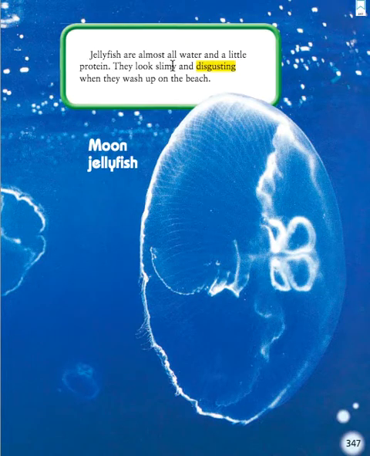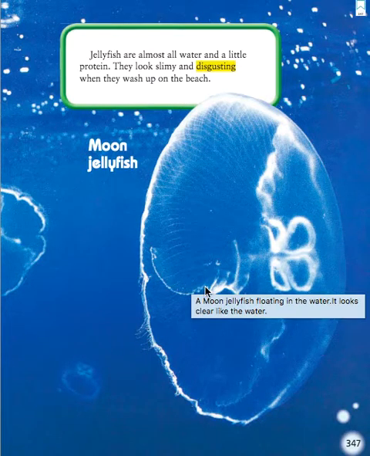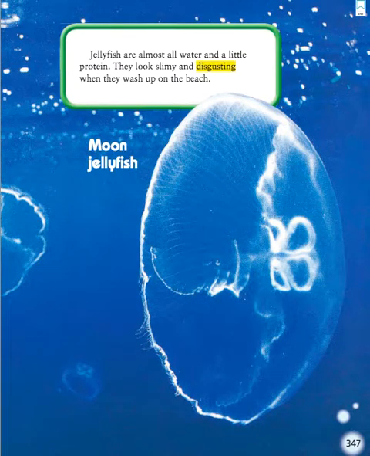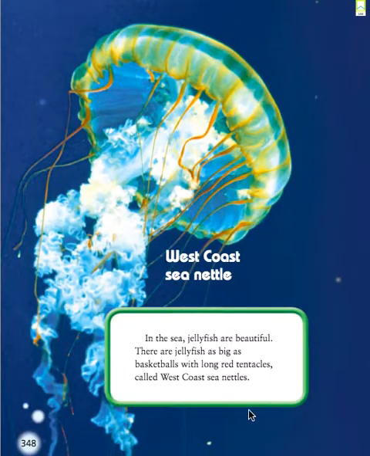Jellyfish are almost all water and a little protein. They look slimy and disgusting when they wash up on the beach. Here is a moon jellyfish. It looks clear like the water. In the sea, jellyfish are beautiful.